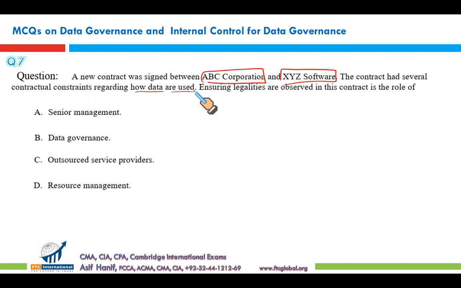We have to ensure that those rules and policies are followed. Ensuring legalities are observed in this contract is the role of, not senior management, it's the role of data governance. That's what we are studying.